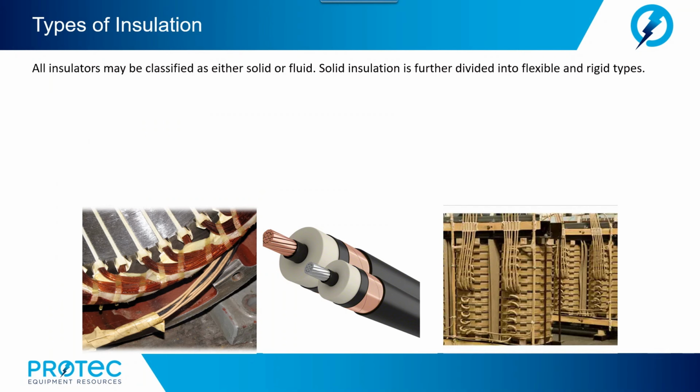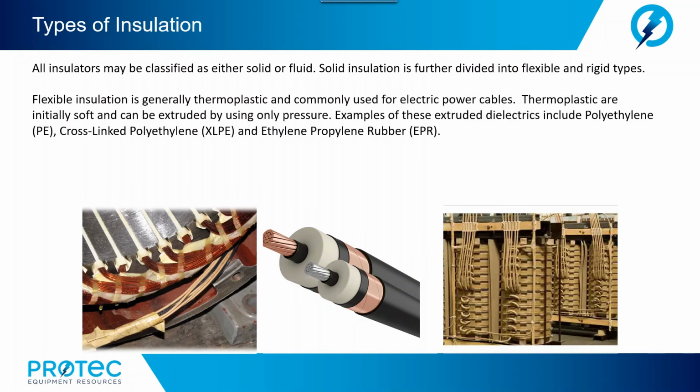Now, types of insulation. All insulators may be classified as either a solid or a liquid. Solid insulation is further divided into flexible or rigid types. Flexible insulation is generally thermoplastic and commonly used for electric power cables.